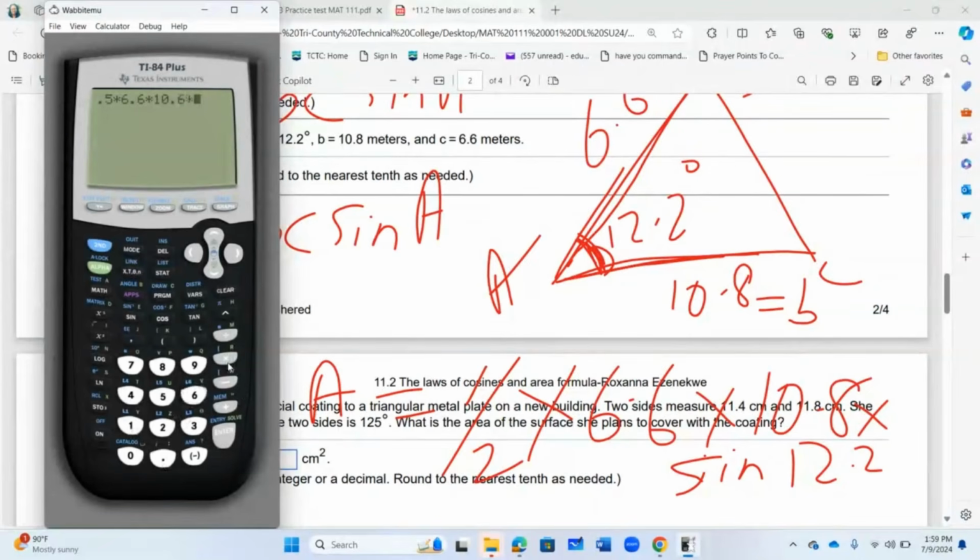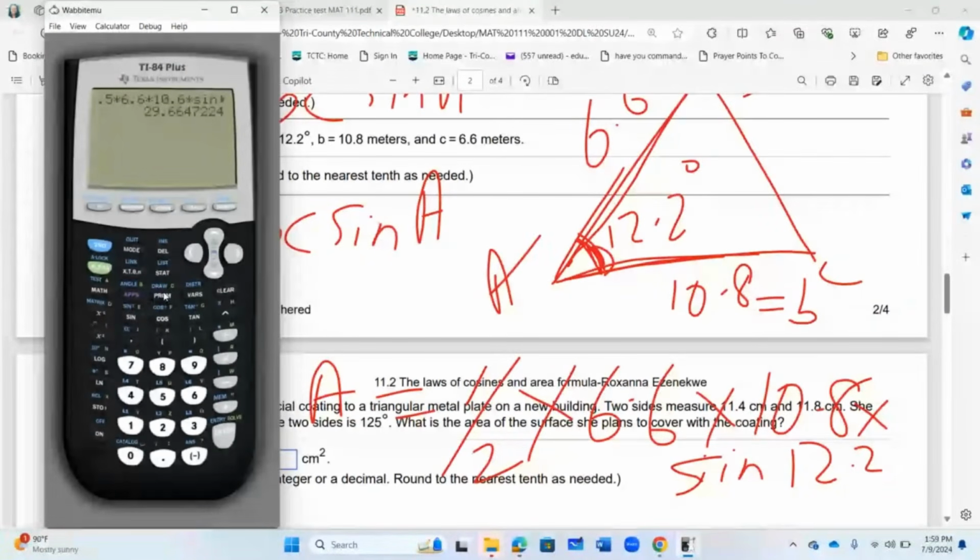Make sure you work in degree mode. Don't mess yourself up. Close parenthesis, and the area is 29.66 meters squared.